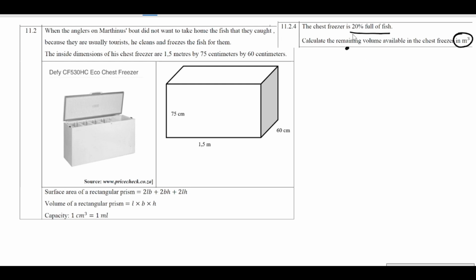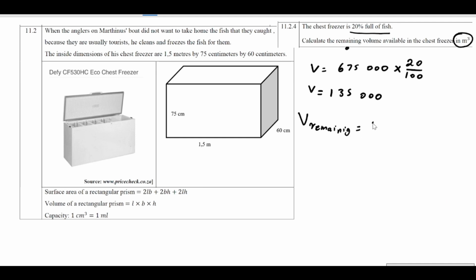We take the volume of the freezer, 675,000, and get 20% of this: 20 divided by 100, making the volume 135,000.